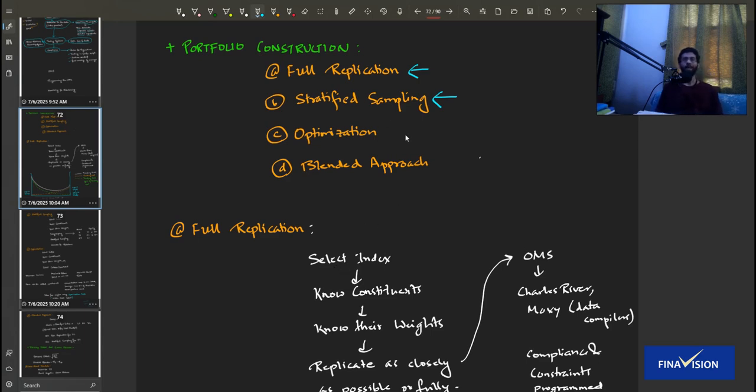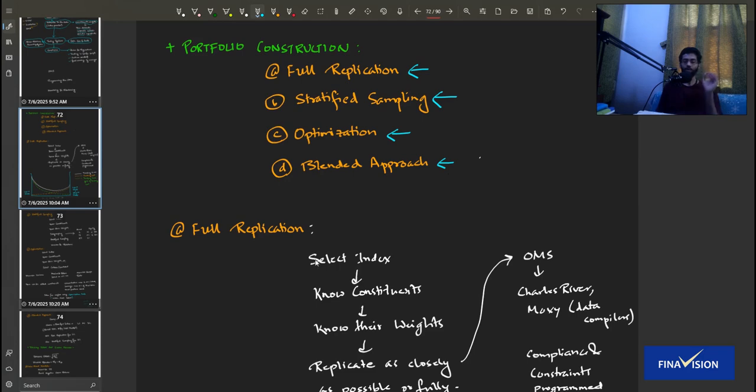Then comes optimization. Optimization is basically fine-tuning a certain criterion. It can be maximizing the Sharpe ratio, minimizing the variance, optimizing the mean variance, minimizing the tracking error, etc. Then when we mix one or more of the processes explained above, the process is called a blended approach.